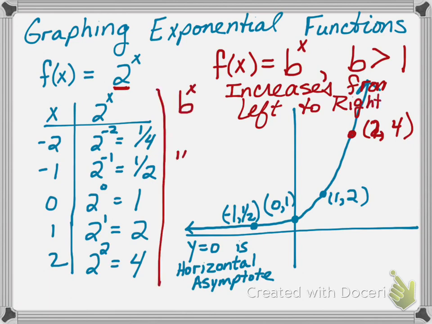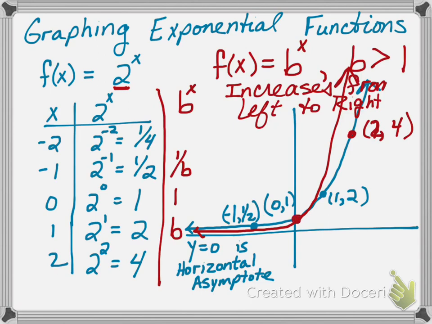But it still has 3 basic points that are the same. If we plug in -1, the output is 1 over b. If we plug in 0, the output is 1. And if we plug in 1, the output is whatever the base is, b. And the graph is increasing from left to right.